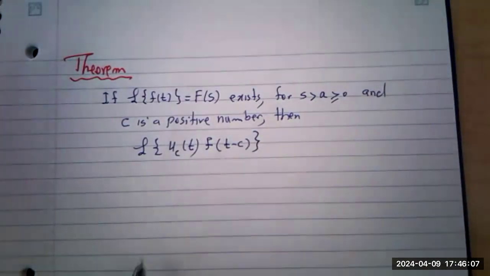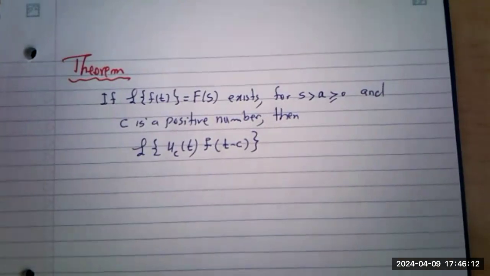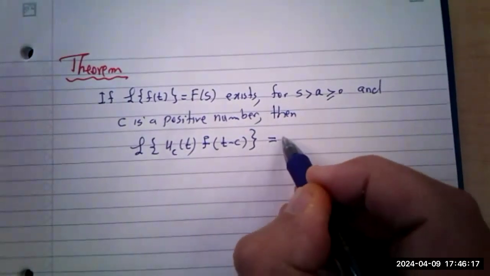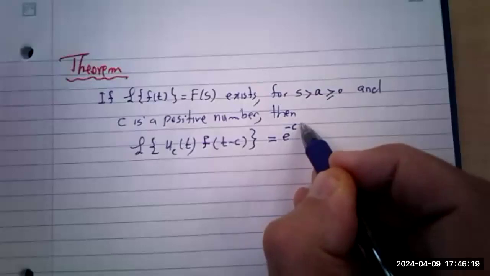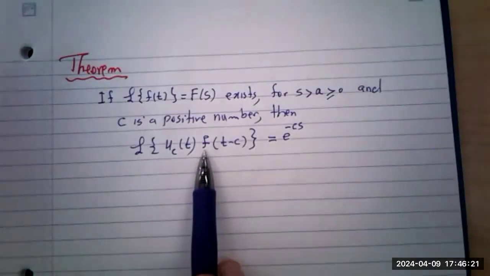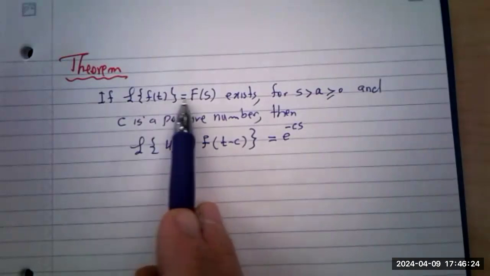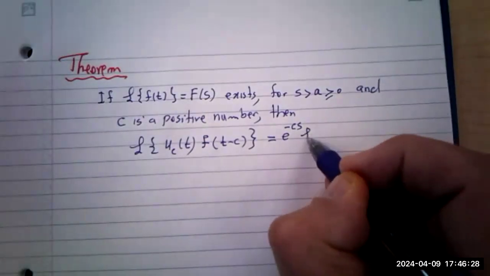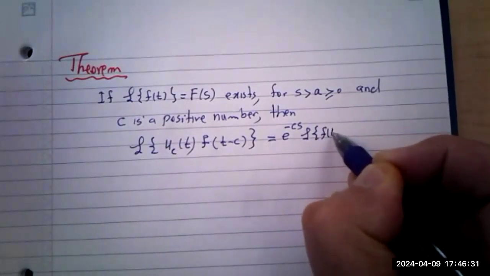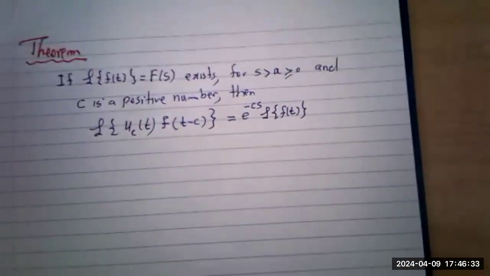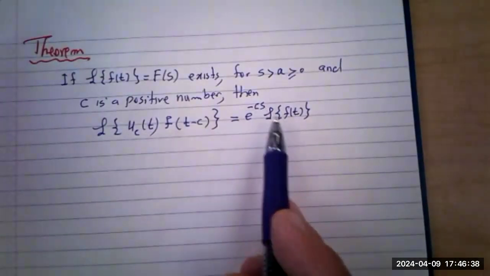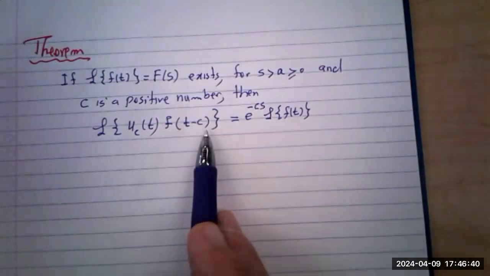If this is given to you and you want to find the Laplace transform of it, because of the u_c(t), you end up with a factor of e to the negative cs. Then the Laplace of f of t is already given to you. So it's simply e to the negative cs times the Laplace of f of t.